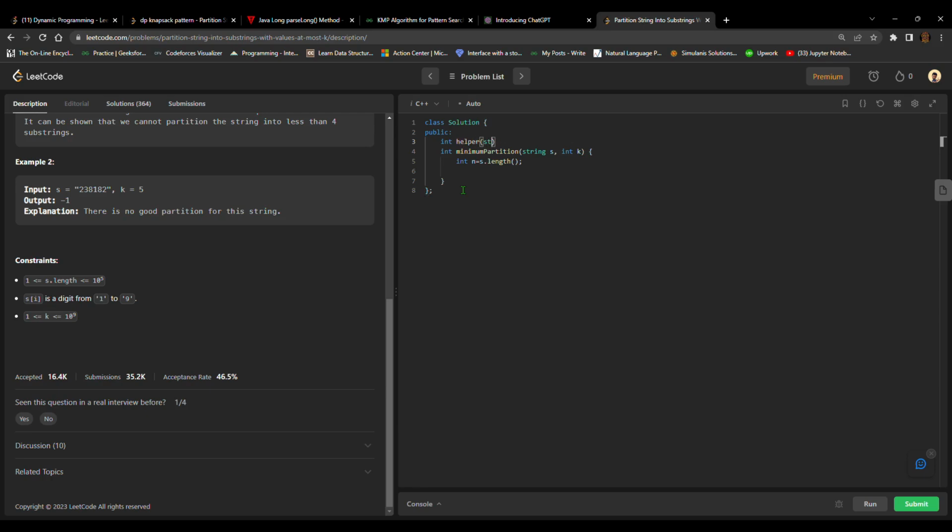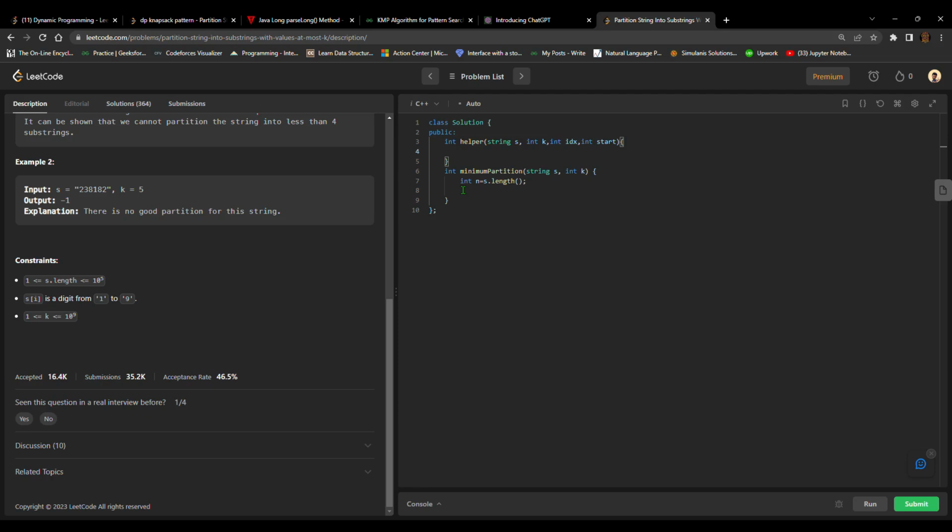I would be passing my string s, my integer k, some index idx, and for now just take into consideration that I would be passing another index that would be called start.